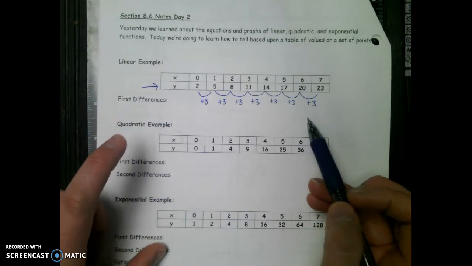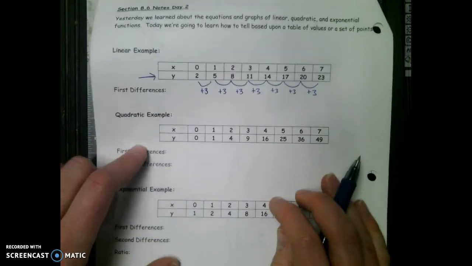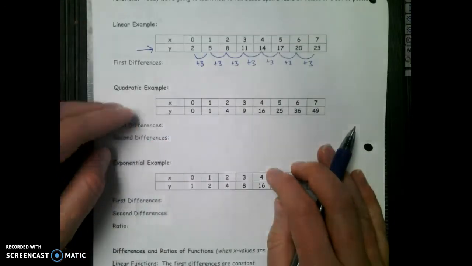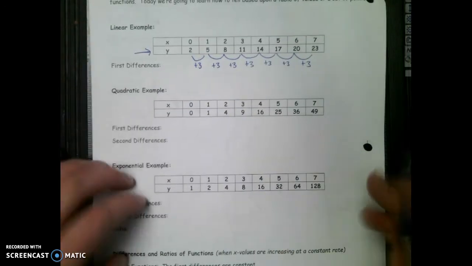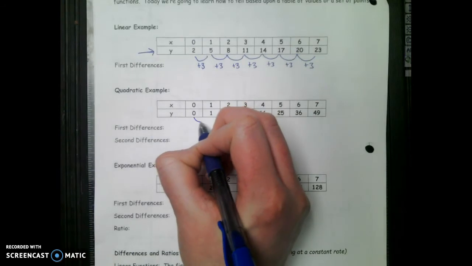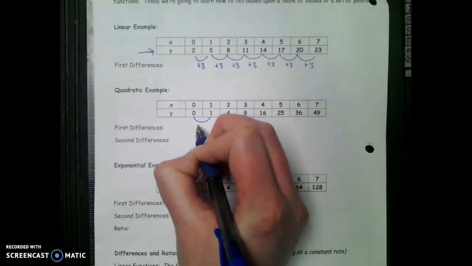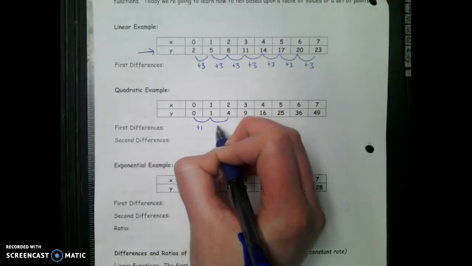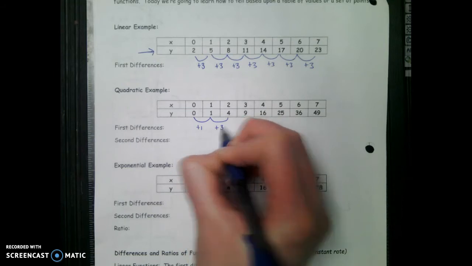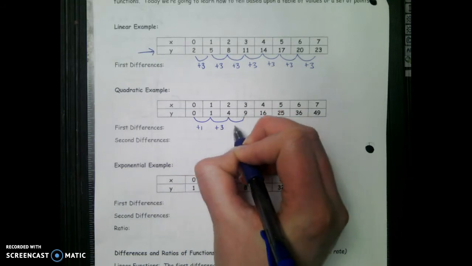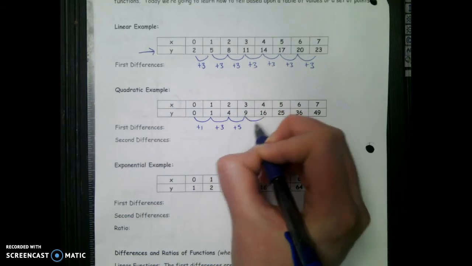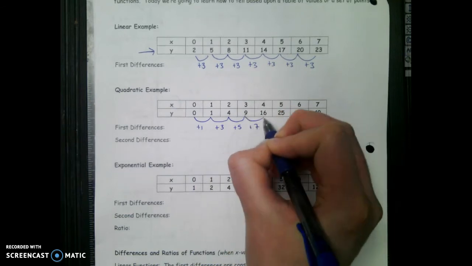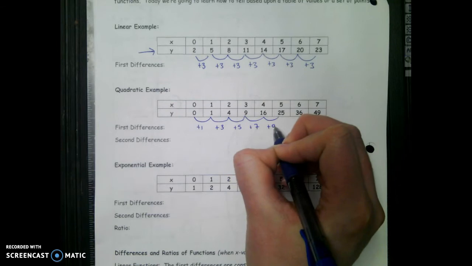Now let's look at what happens when we do the same thing in one that we know is quadratic. We know it's quadratic because it's listed as the quadratic example. How do I get from 0 to 1? Add 1. How do I get from 1 to 4? How do I get from 4 to 9? 9 to 16? 16 to 25?